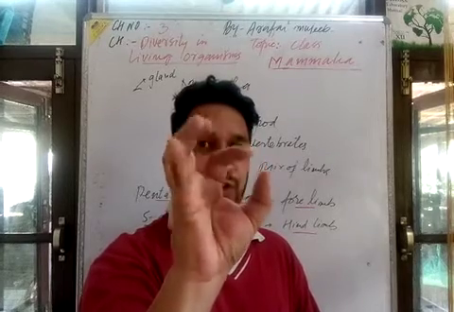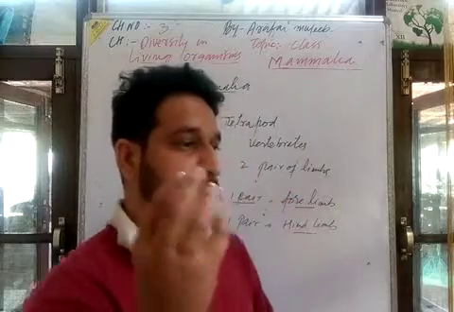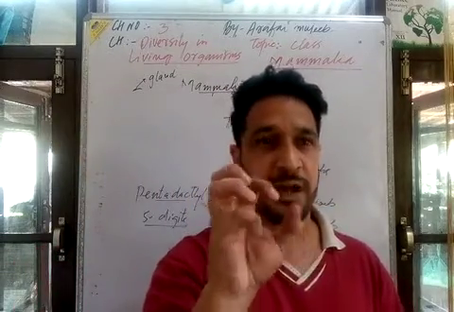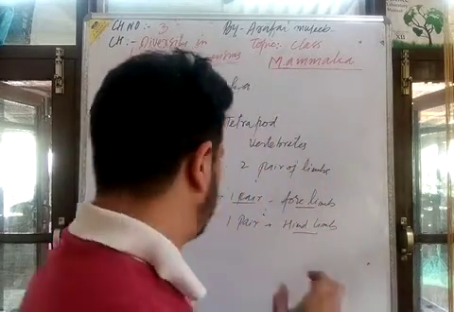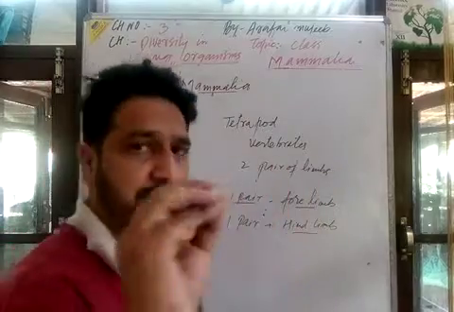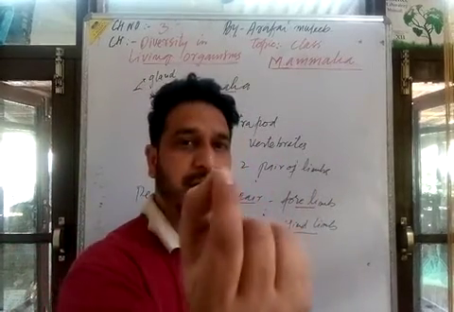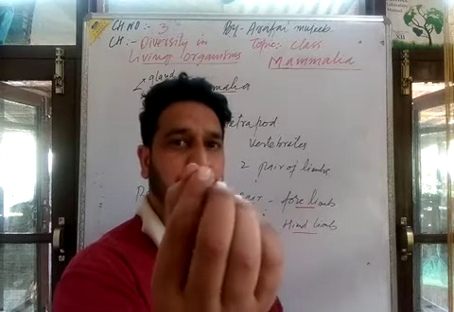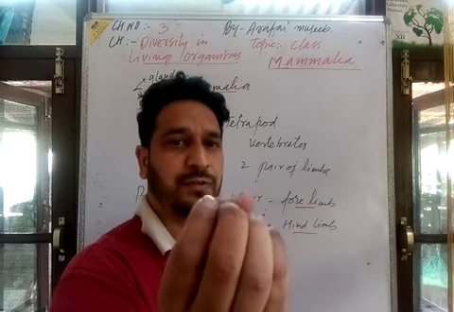In mammalia, as we saw, these digits have been modified into claw type. In humans, they wear nails; on the tip of the digit there is a nail, which is an exoskeleton.